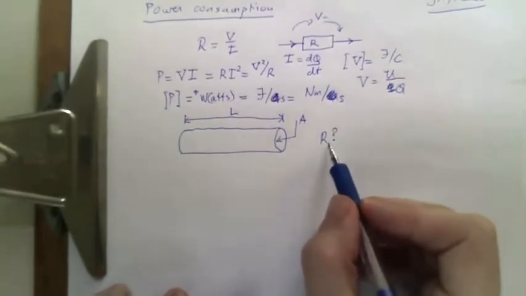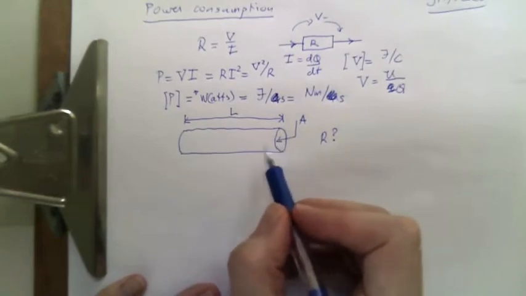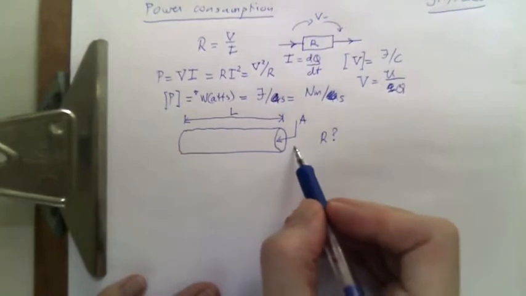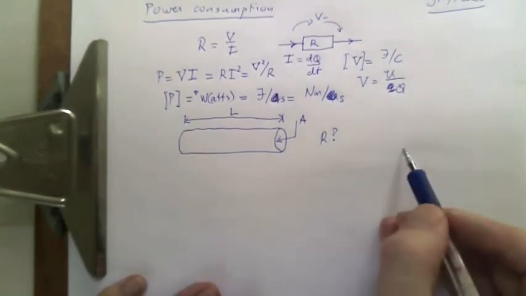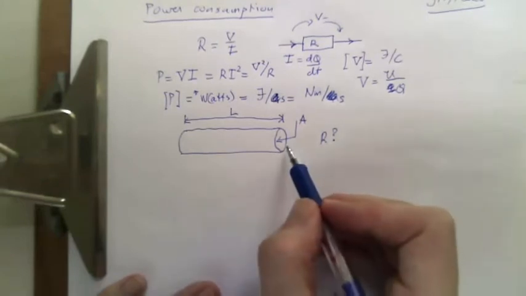Well, let's look at some scaling behavior. If we have a wire that is 1 meter, and then we take another wire that's another meter and we put it right behind it, now we have 2 resistors in series. Because it's 2 resistors in series, their resistances would add.